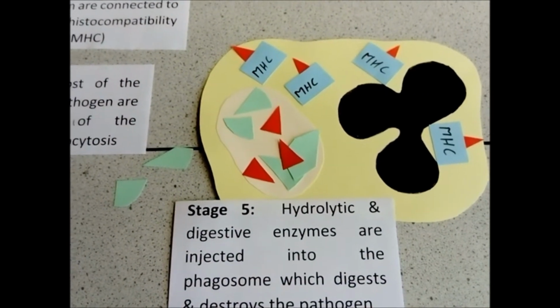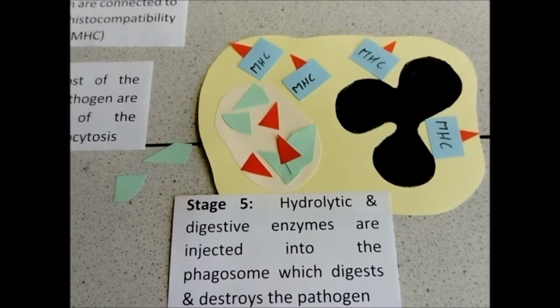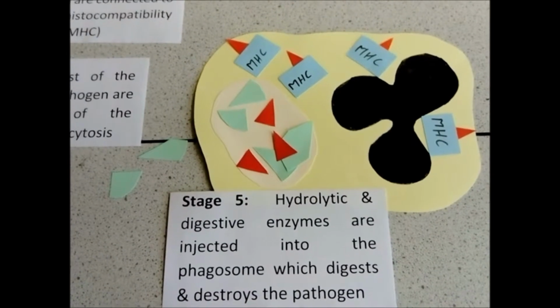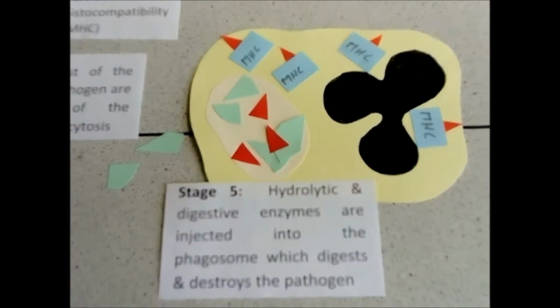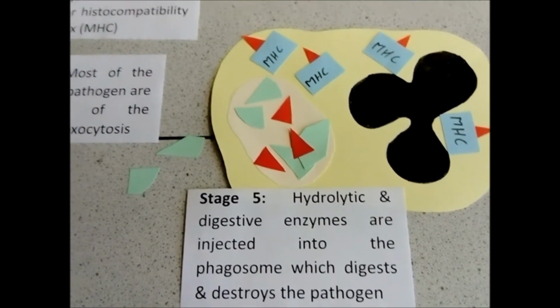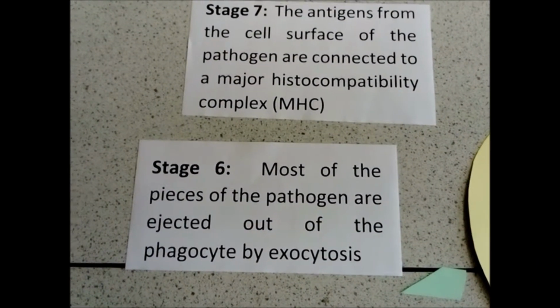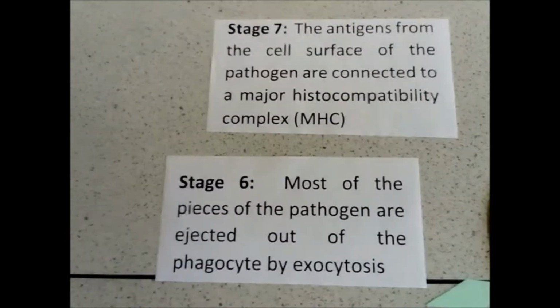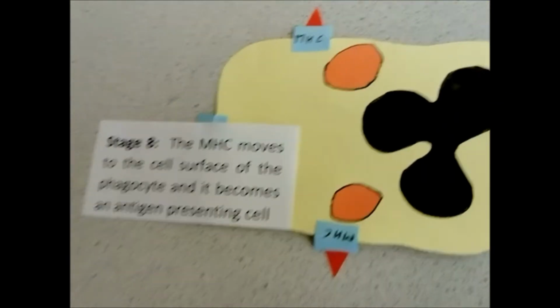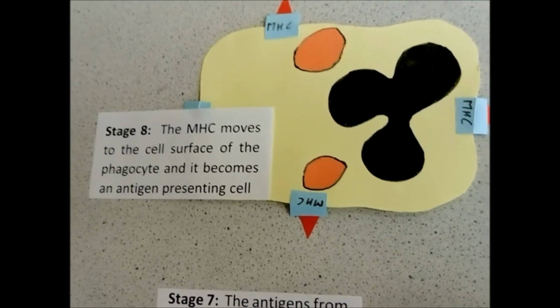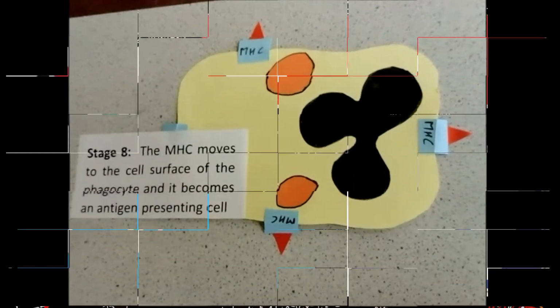However, the antigens on its surface are connected to MHC, or major histocompatibility complexes, which move to the cell surface of the phagocyte. The phagocyte now becomes an antigen presenting cell.